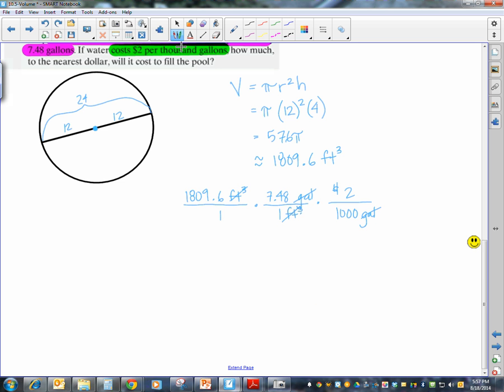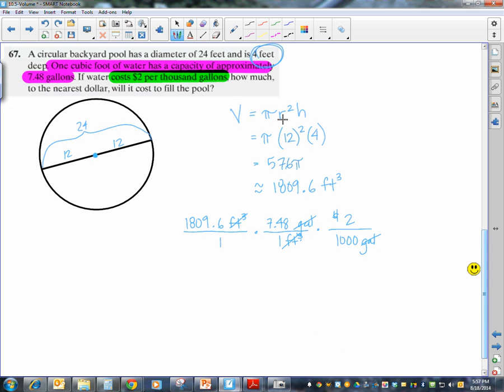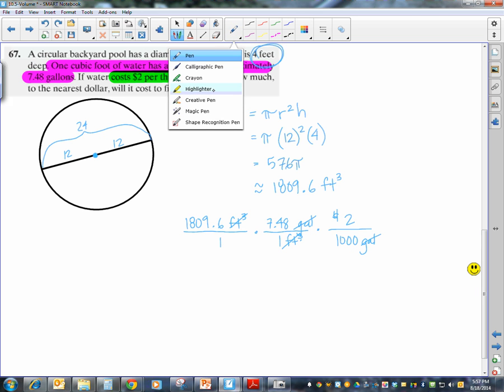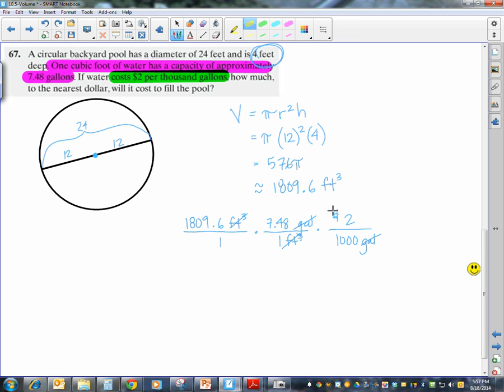So you should be able to see, most importantly, what we have left here. The only label I didn't cross out was dollars. So that's what's going to be my answer. But I'm going to have 1809.6 times 7.48 times 2 all over 1,000 with a unit of dollars.